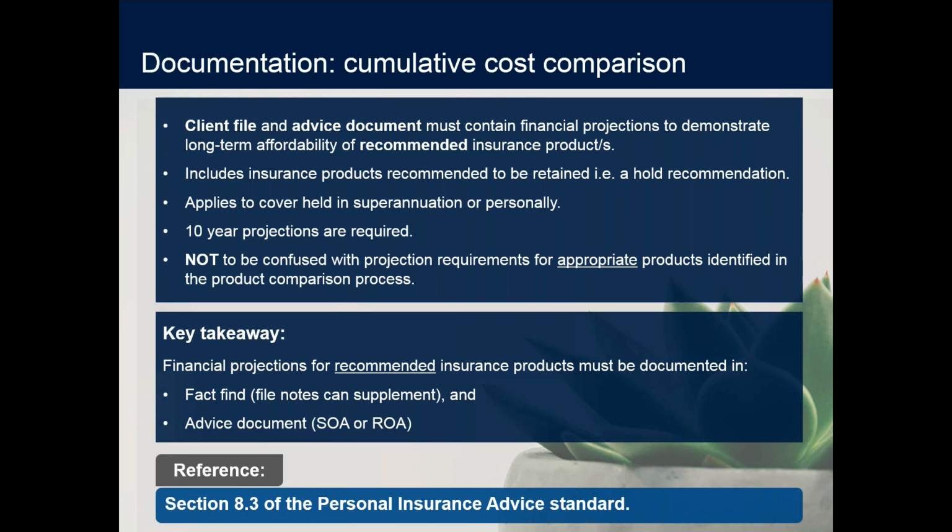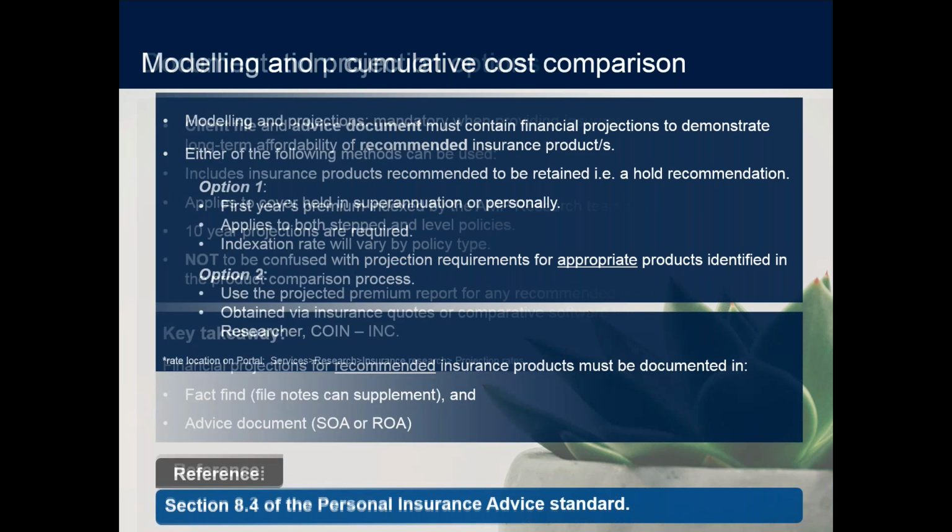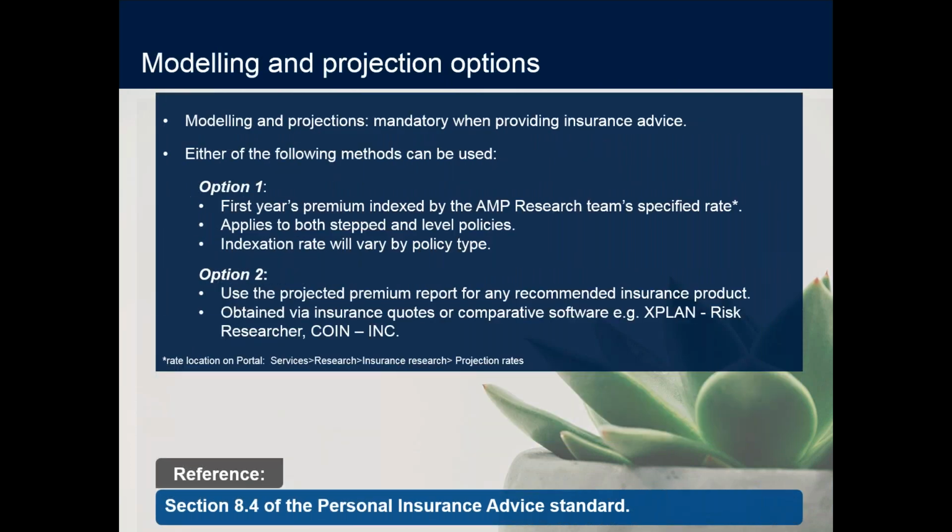Let's now have a look at the options available when we're running projections. So as we know from the first release of this standard, modelling and projections are mandatory when we are providing insurance advice. So what we're now allowing is that we can choose from a couple of different methods when we're actually going to undertake those projections.